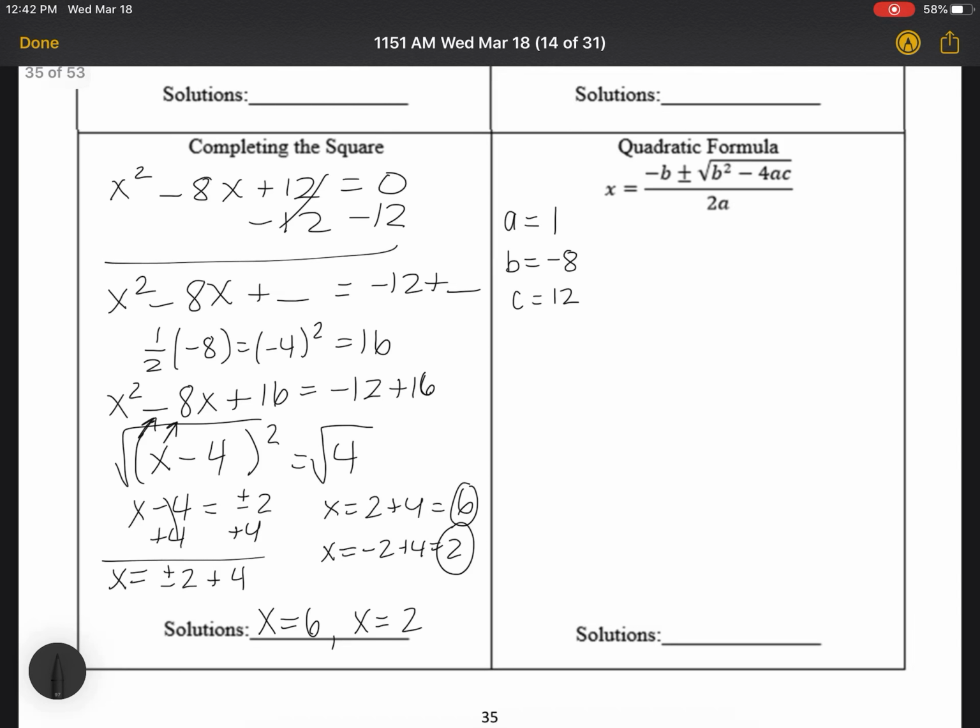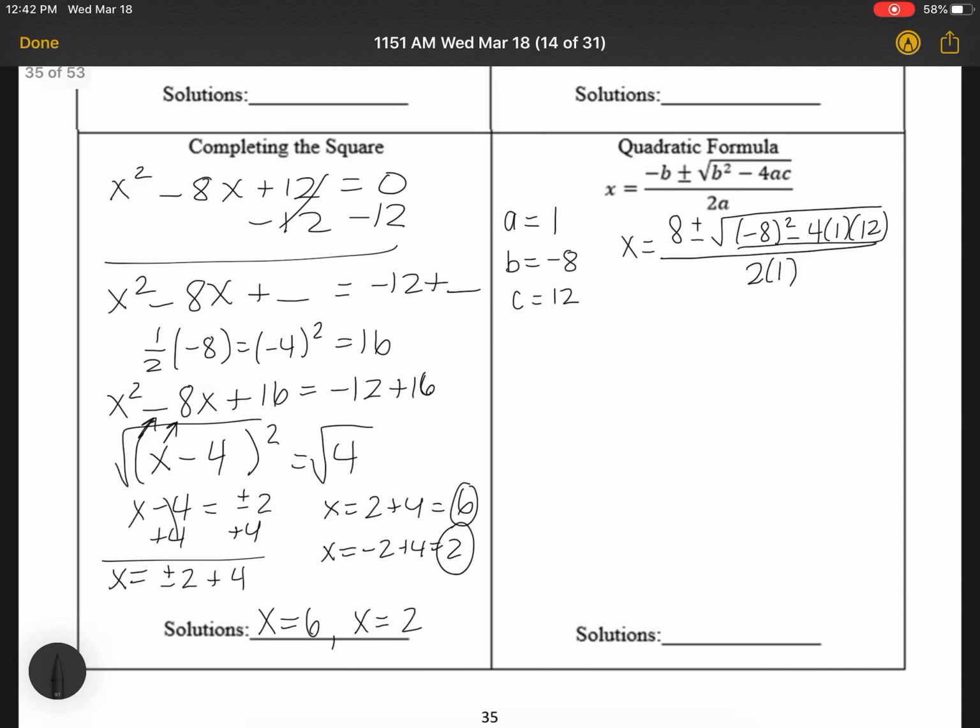So I'm going to plug that into our quadratic formula. X equals negative b, so positive 8, plus or minus the square root, b squared minus 4 times a times c, all divided by 2 times a.